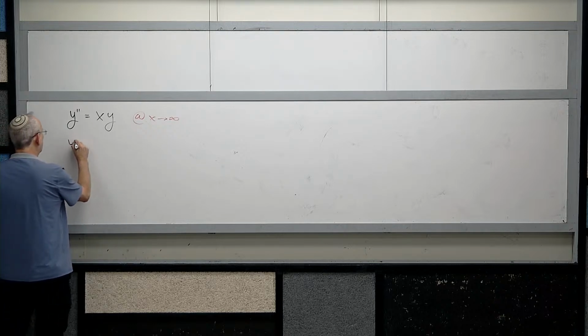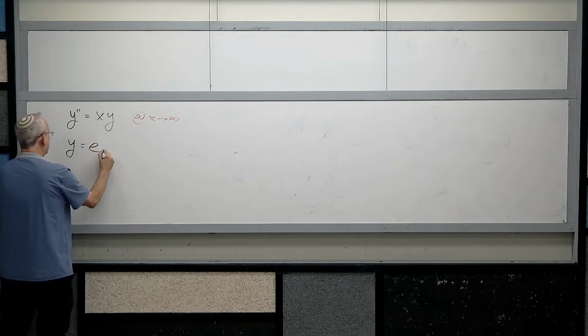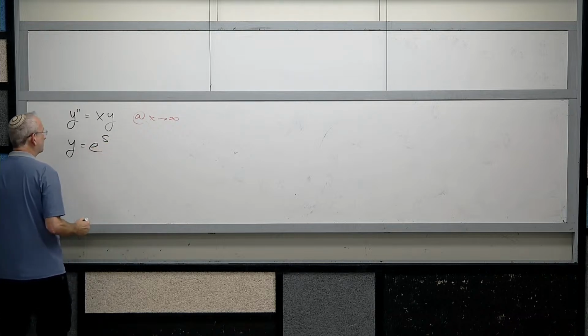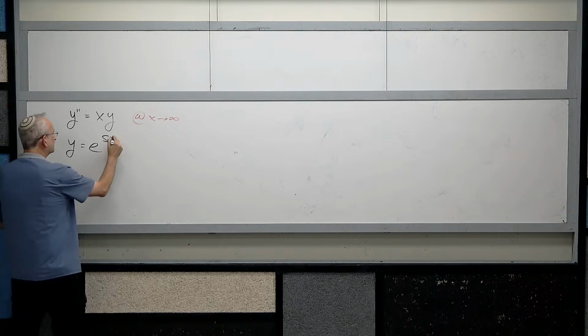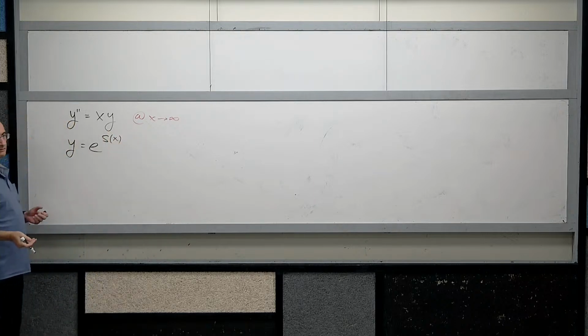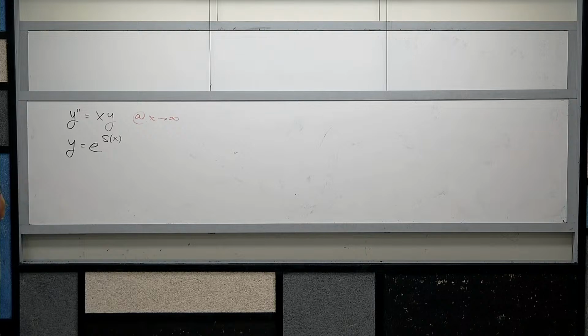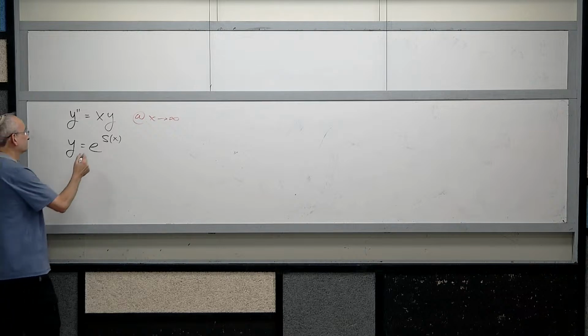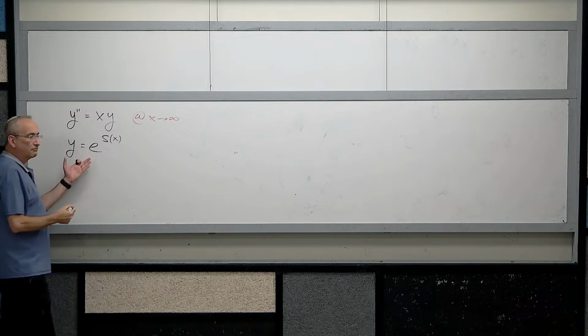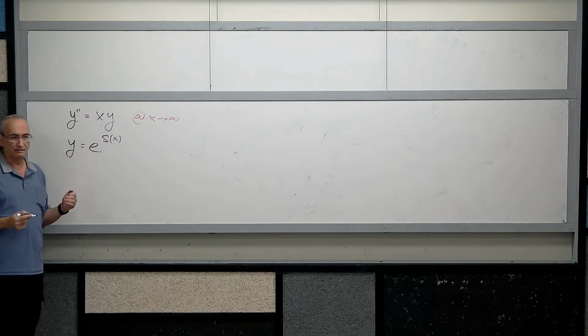So the idea was to write first y equals e to the s of x. This is for free because we can always write such a thing once we didn't specify s. By the way, what's the intuition behind this?